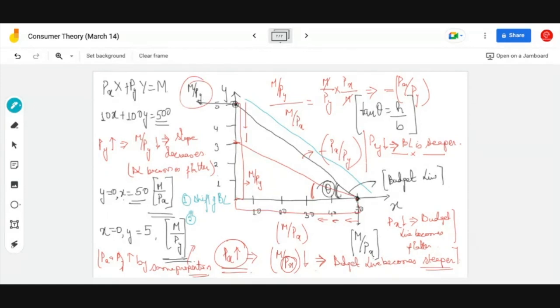Will it shift or will it remain the same? Is a shift in the budget line due to a change in prices or a change in income? Change in income. So why did you say shift outward? Okay, sir, I got confused.